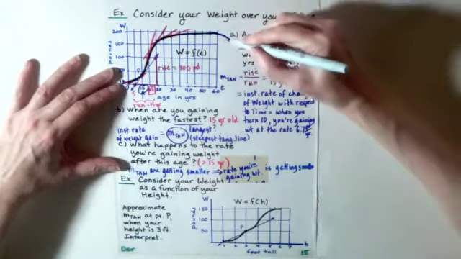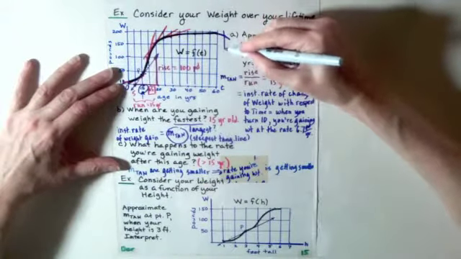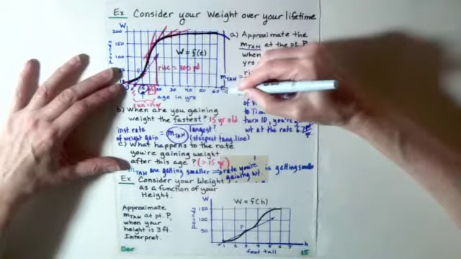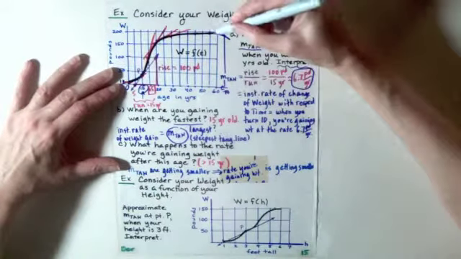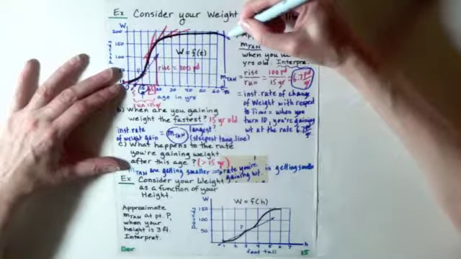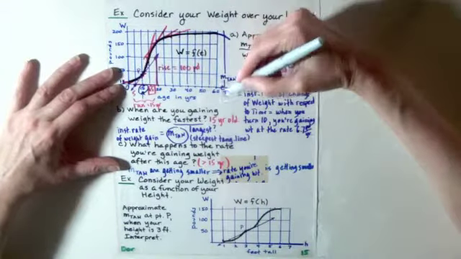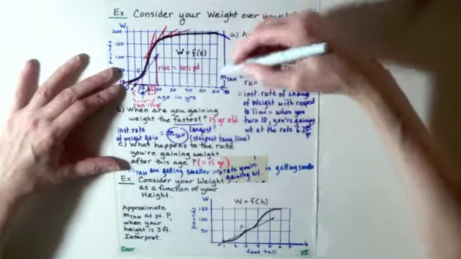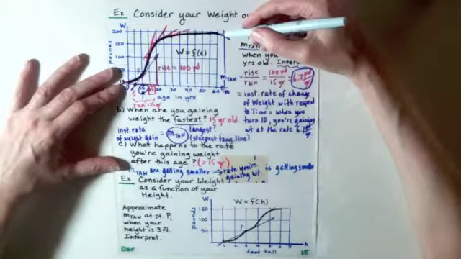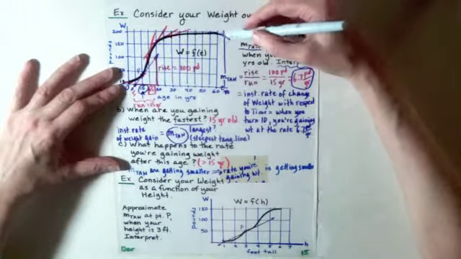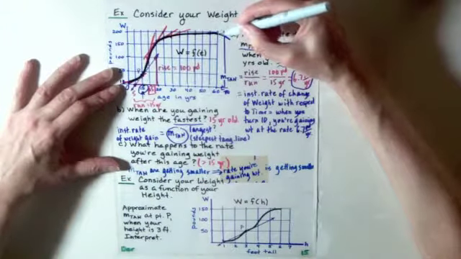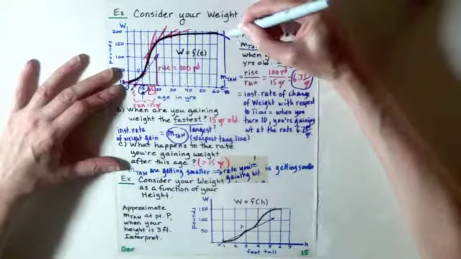So maybe if you're 70 years old, your weight starts to actually drop. Maybe you have some kind of post-midlife crisis. You decide, I'm close to 200 pounds, I don't want to be that heavy, and you start on a running program or some kind of exercise program, and your weight actually starts to go down.